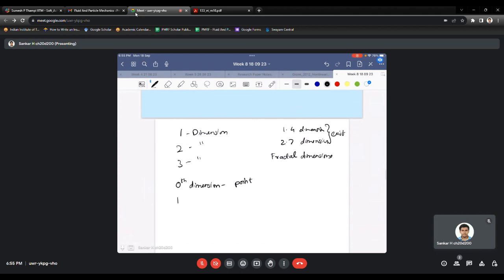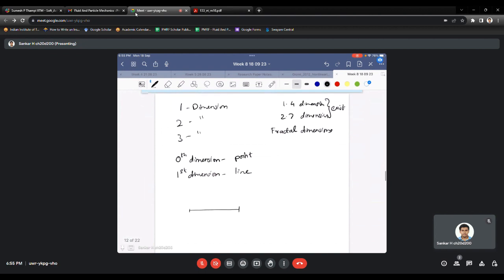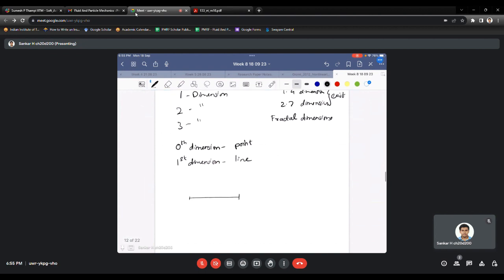But if we have the first dimension, which is in fact a line, now let us consider a line of length L. If we split the line into two parts of equal length, we'll get two line segments, each of L by 2.